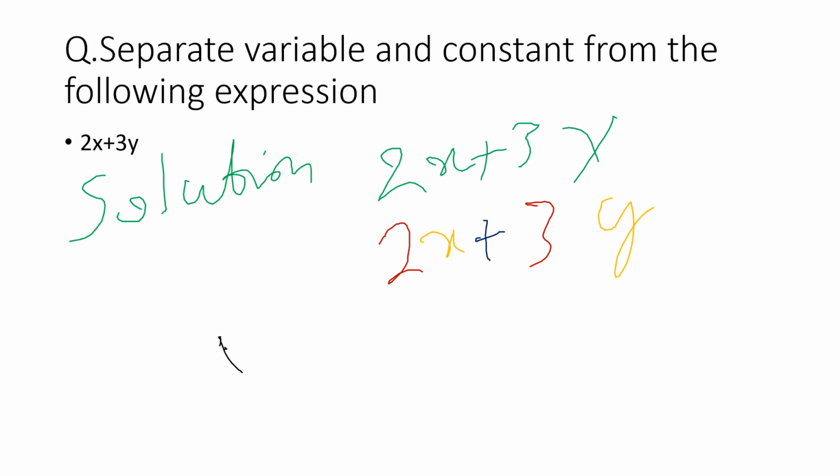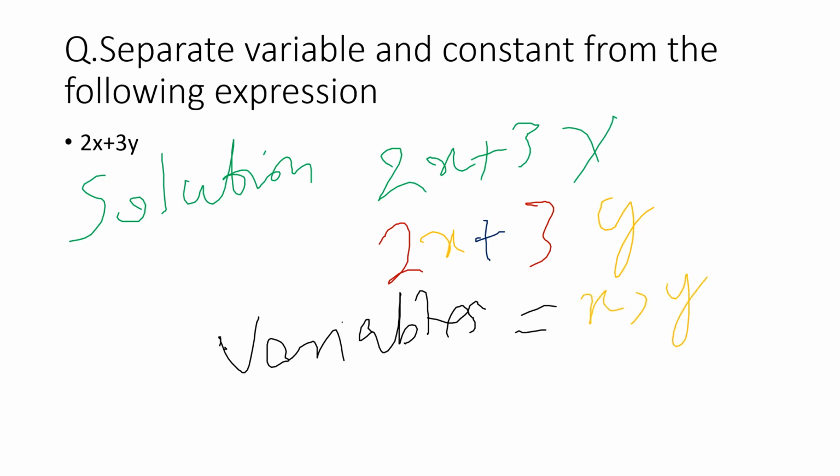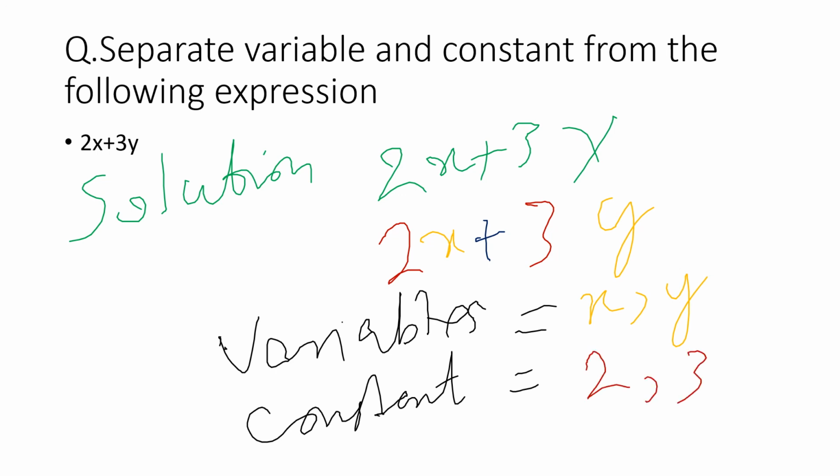Variables are x and y. This is our answer. And we have to find the constants. So we have two constants in our equation, 2 and 3. This is also our answer. So we have solved our part.